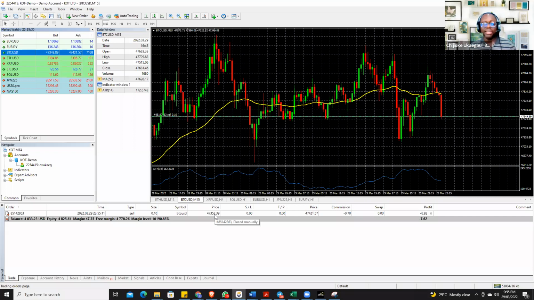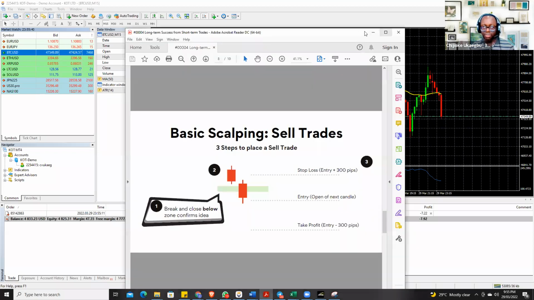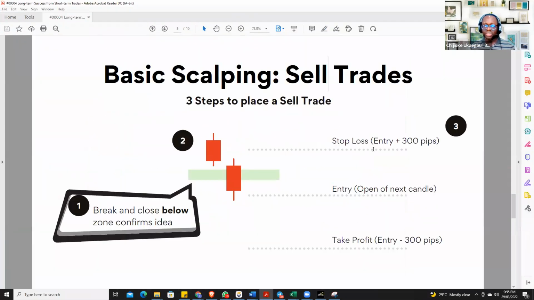But I haven't set my stop loss. I haven't set my take profit. Now, what did we say about stop loss for a sell trade? We said your stop loss is going to be your entry plus 300 pips. And we said your take profit will be your entry minus 300 pips for a sell trade.